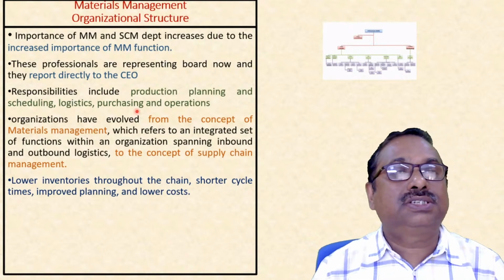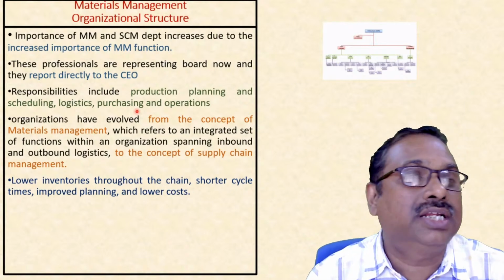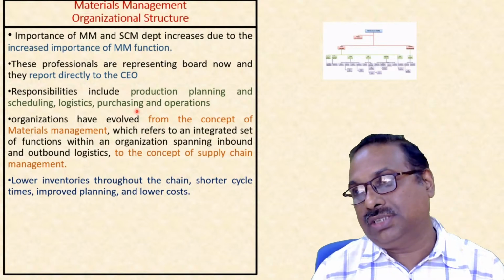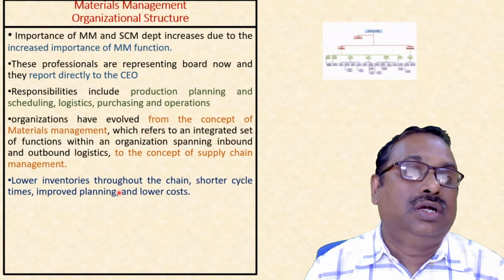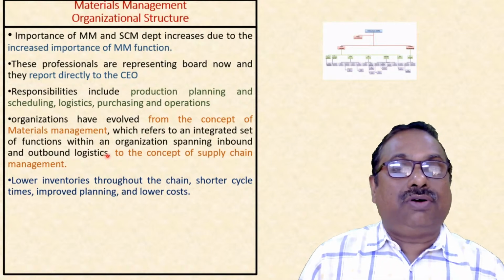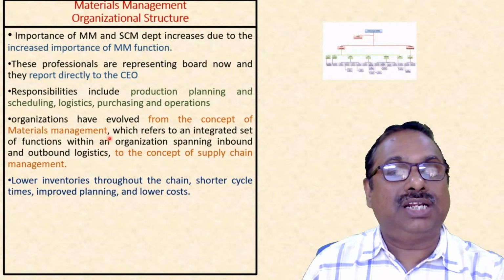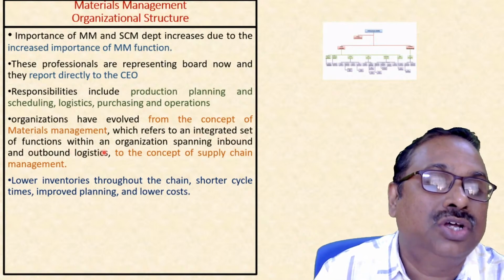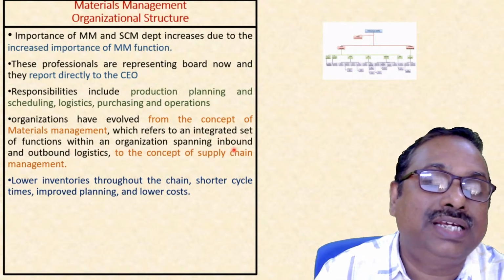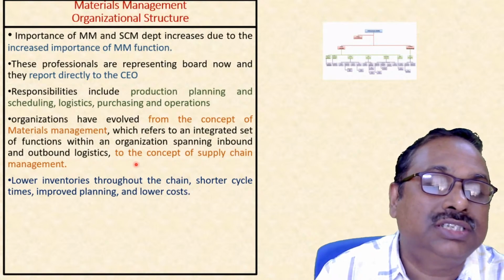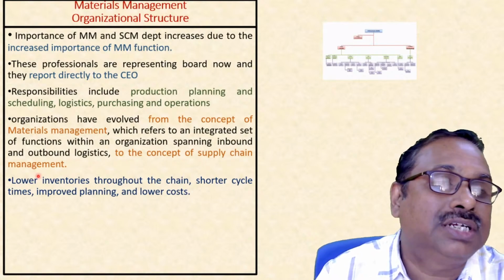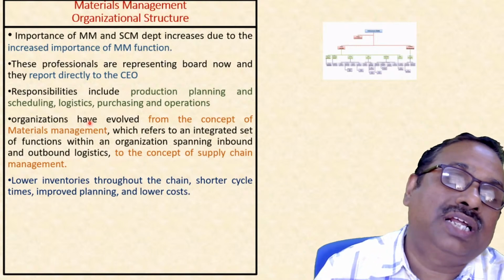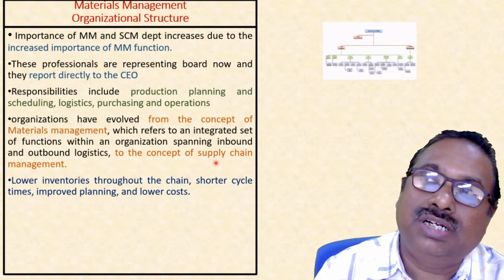So obviously the responsibilities include production planning and scheduling, logistics, purchasing and operations. Organizations have evolved from the concept of materials management, which refers to an integrated set of functions within an organization spanning inbound and outbound logistics, to the concept of supply chain management. So what is the difference between materials management and supply chain management?